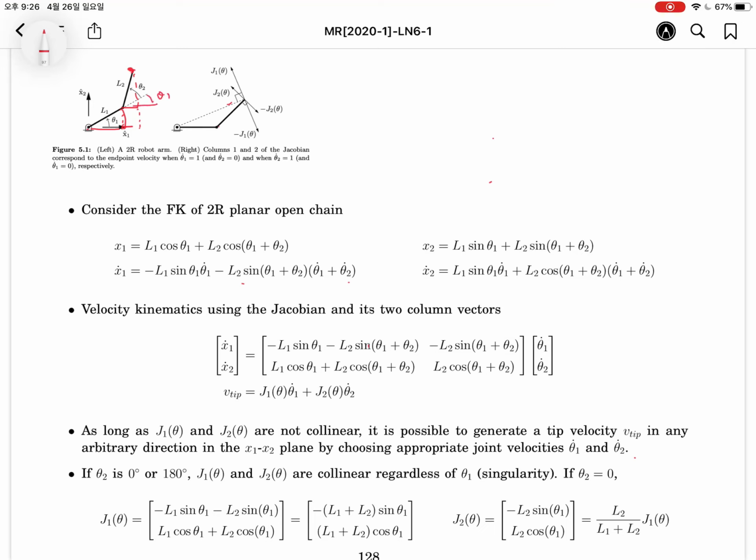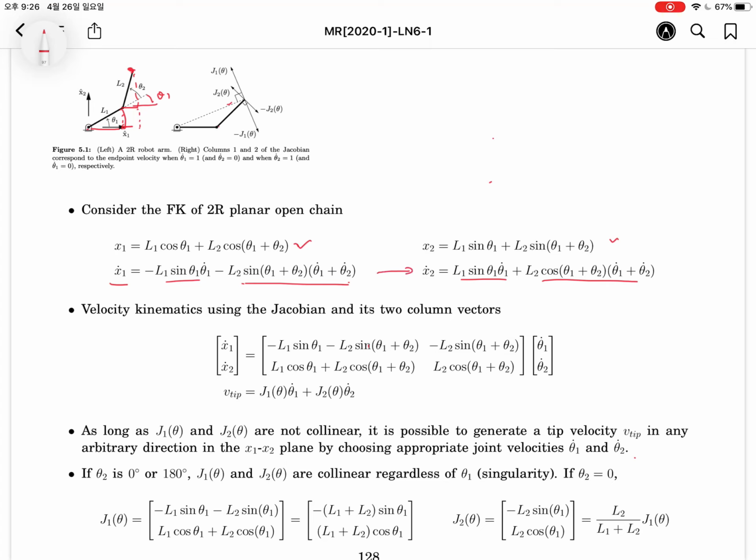So we have this equation. In a similar way, we can get x2. Let's take the time derivative of both sides, x1 dot, and then we arrive at this equation using the chain rule.